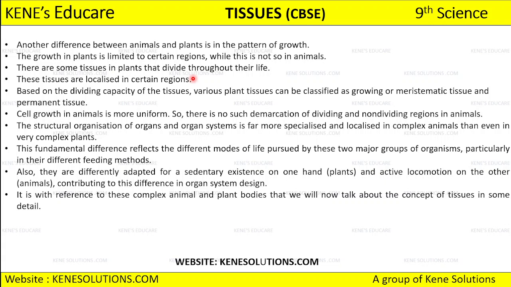In animals it is not like that. In human beings also it is not so, that when we are growing, only our legs and our hands are growing and the rest of the body remains the same. It is not so, right? All the parts of our body grow when we are growing. But this is not the case in plants, because in plants the growth is limited to certain regions. Okay, what happens in plants?